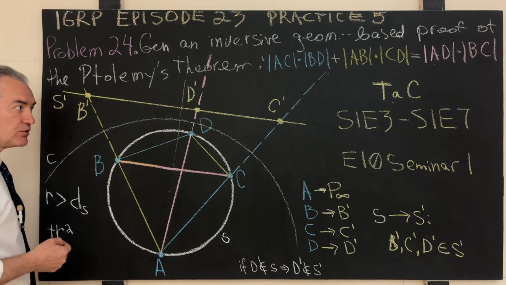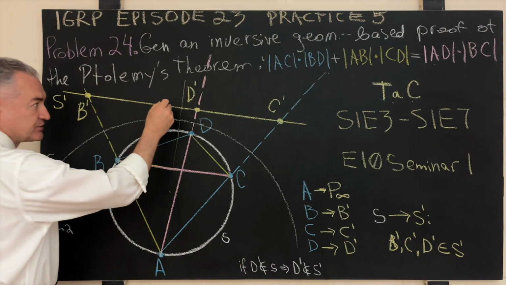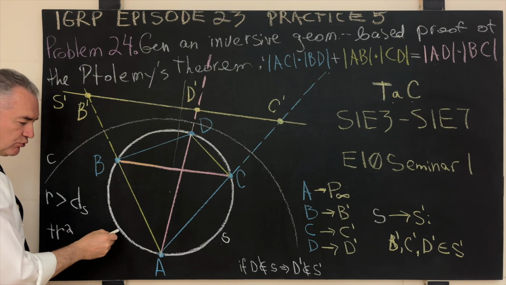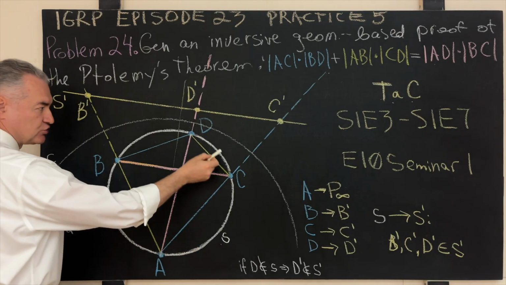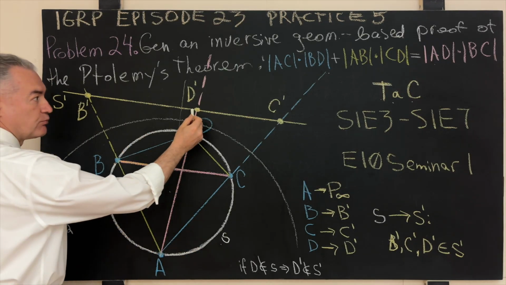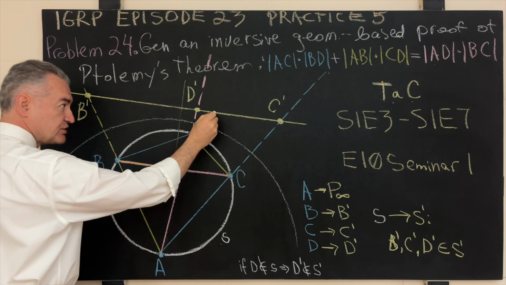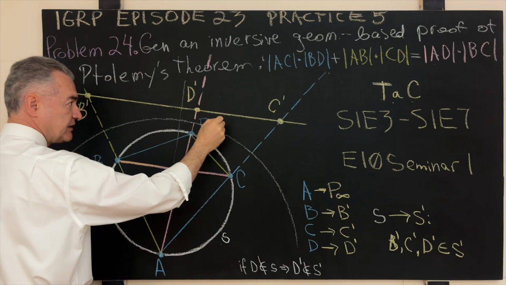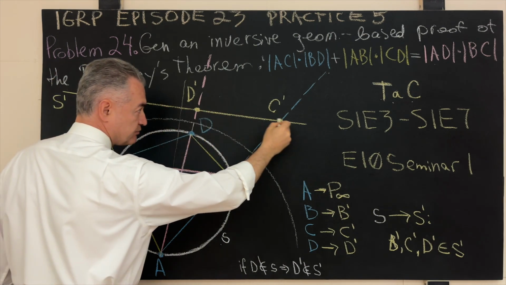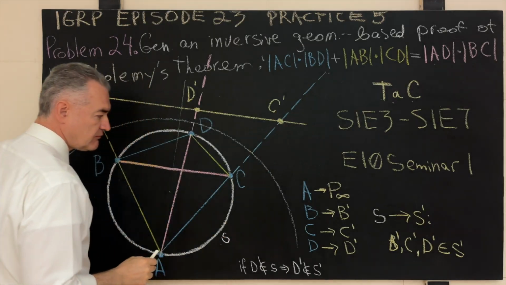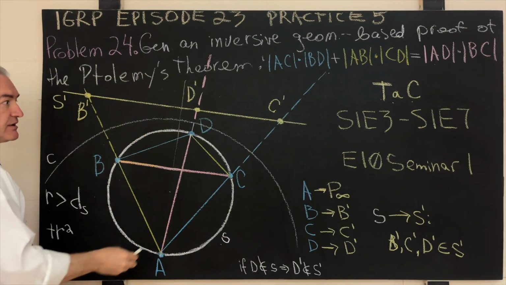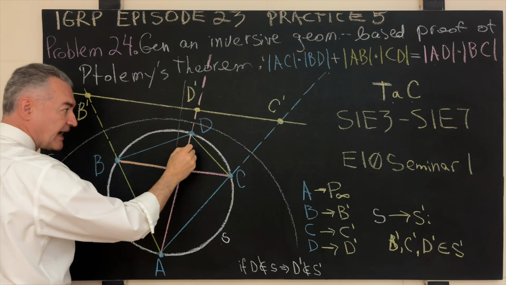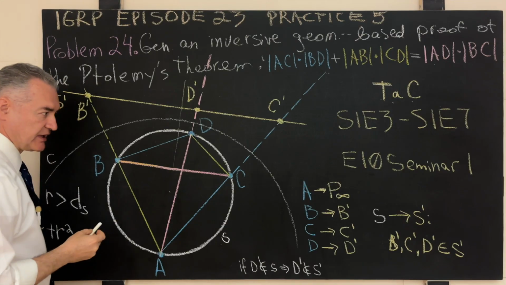And conversely, we know that any point that sits on the straight line S prime will be reflected back into a point that sits somewhere on the circle S. Consequently, if the point D prime does not belong to the straight line S prime, and it's located in either half plane into which the straight line S prime partitions the parent plane, then the pre-image of that point, D, will not be located on the circle S.